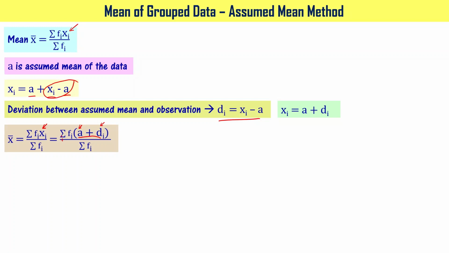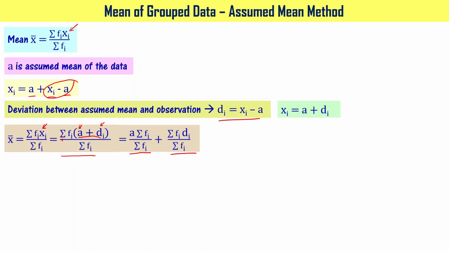So I can take a as common, or in other words, I can write it as a times sigma fi divided by sigma fi plus sigma fi di divided by sigma fi, right? This particular equation, I am separating it into a times sigma fi divided by sigma fi, the first term, plus sigma fi di divided by sigma fi, right?